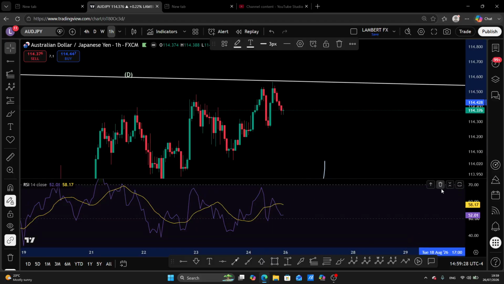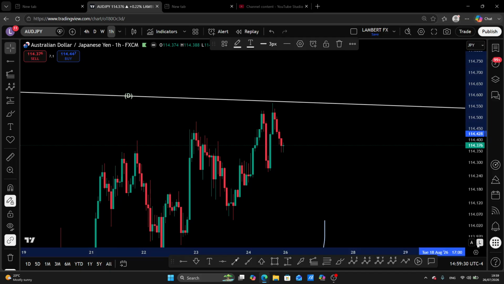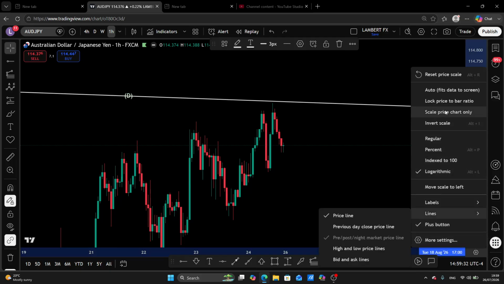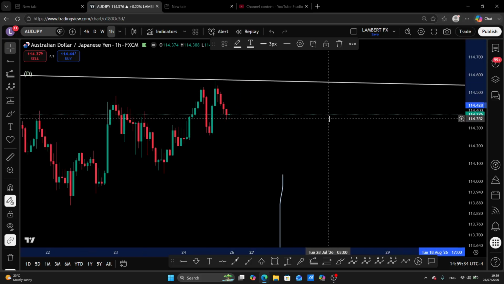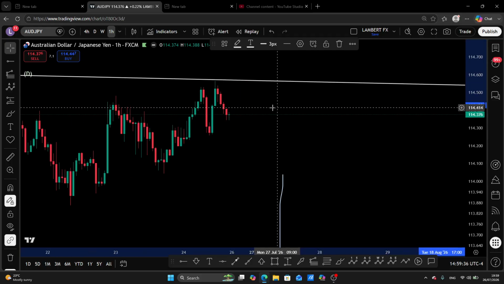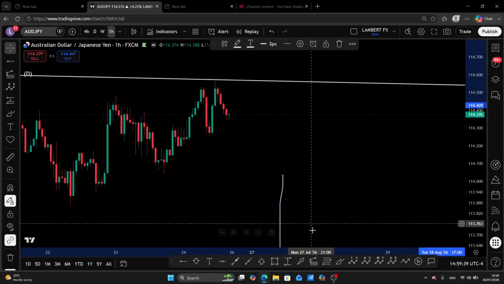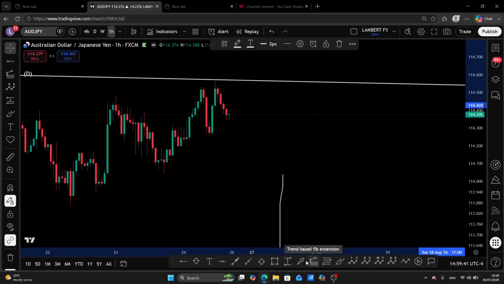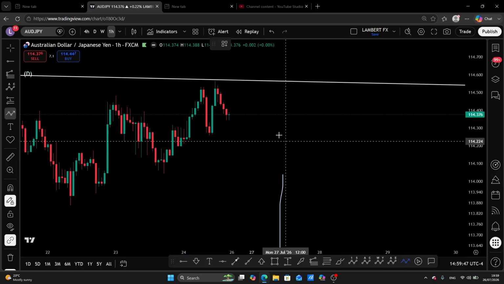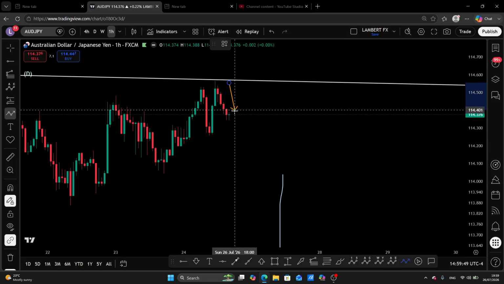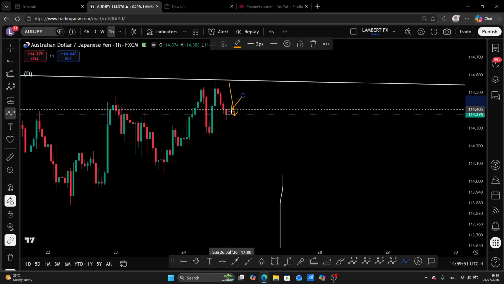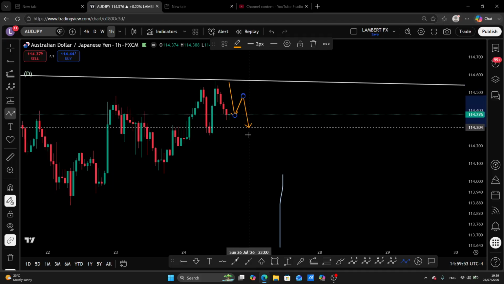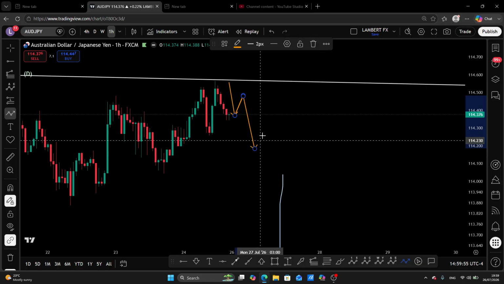But how do we trade this? Obviously, you cannot just jump in and go short on the market open. So what you need to do is be patient. You can drop down to the 15 minute or 10 minute time frame and then count your waves down. Make sure you see 1, 2, 3, 4, 5 legs down like this.